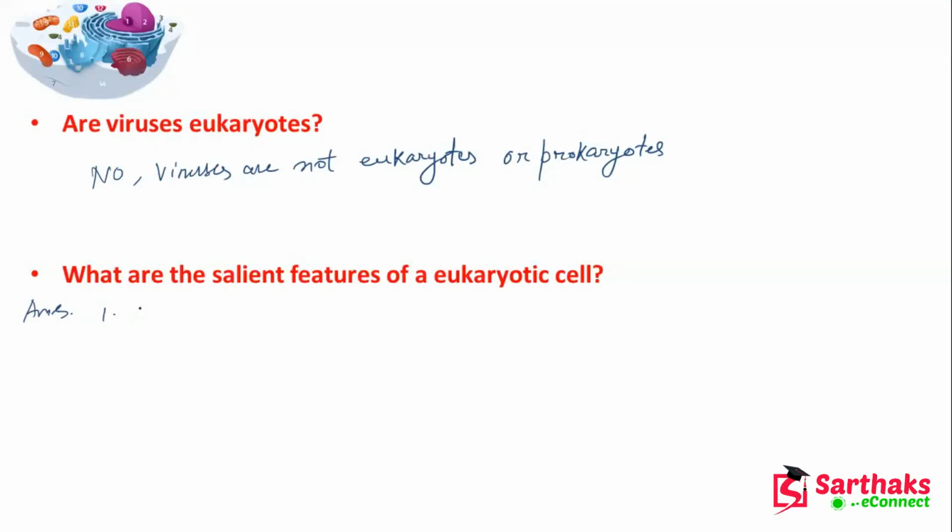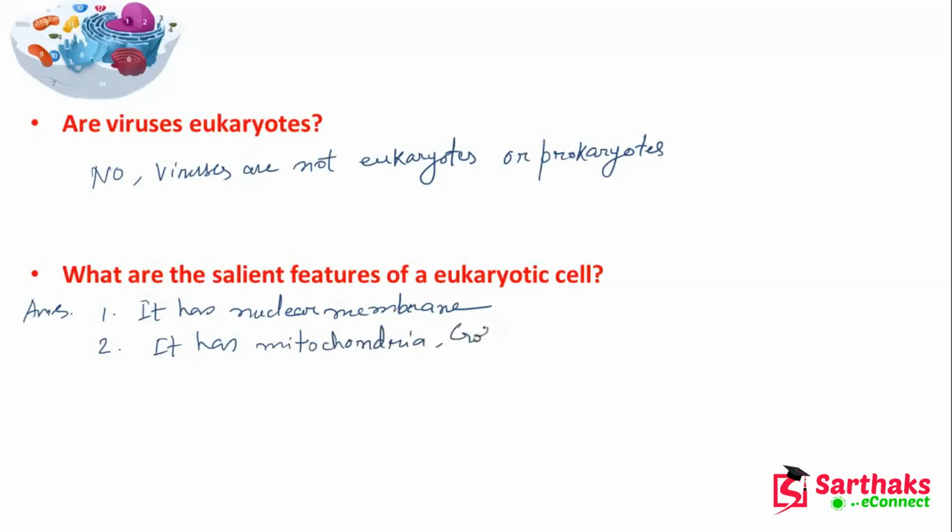Then it has mitochondria, Golgi bodies, cell wall, and it also has locomotory organs such as cilia and flagella.